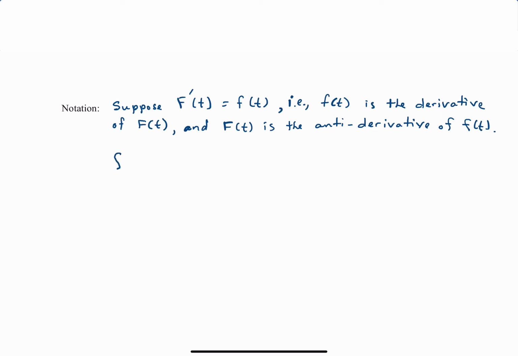The notation we've developed for that is this integral. So the integral of little f of t, remember, you get the antiderivative of little f of t plus some arbitrary constant. Now in the profit problem we just did, what we were interested in was the difference between two values of the antiderivative.